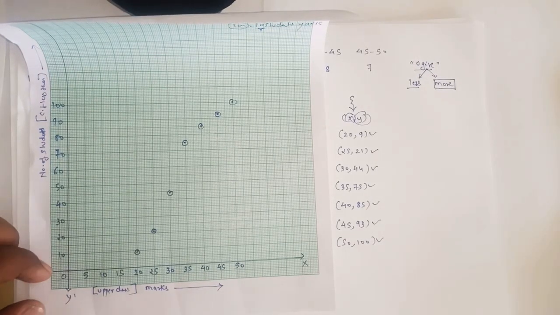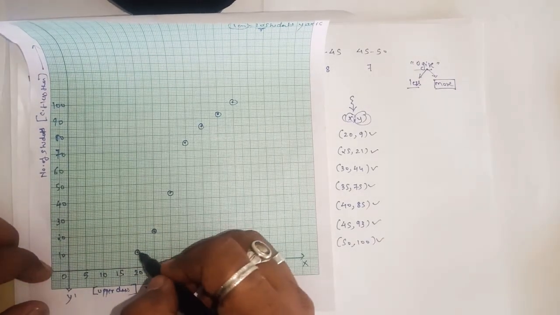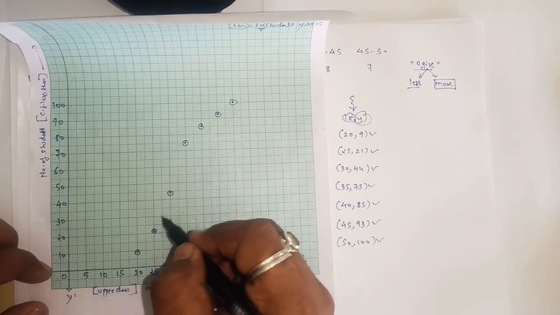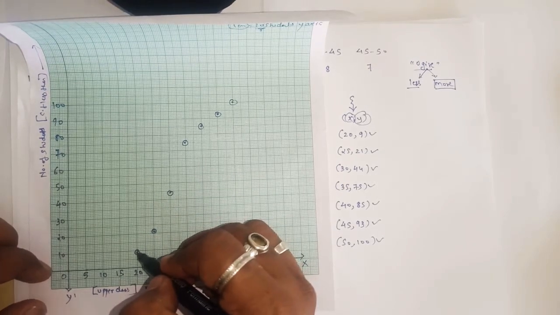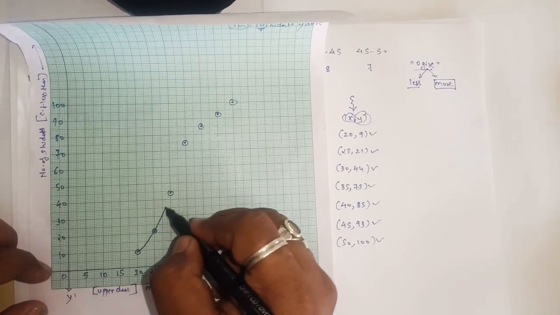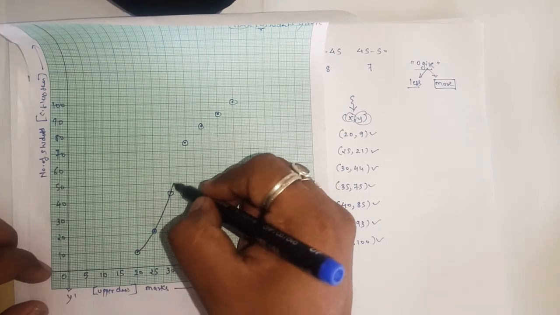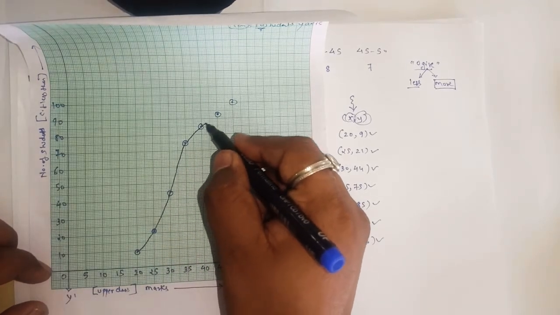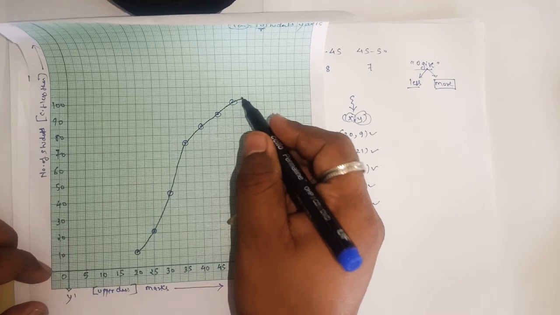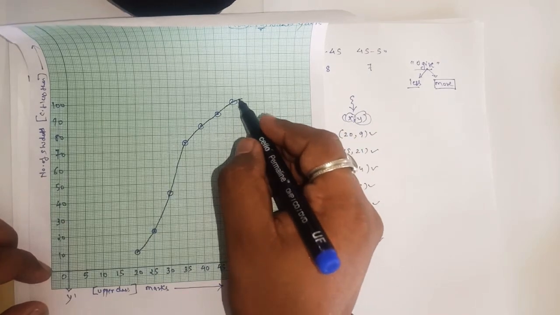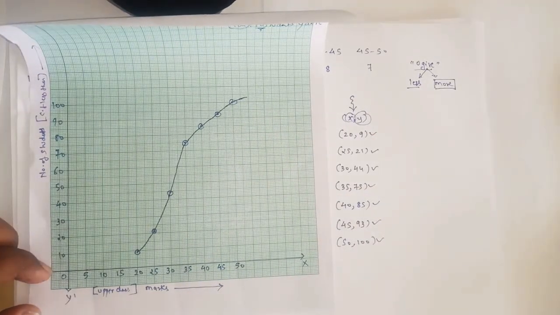After plotting, you have to draw the curve. Just simply move your hand like this, and keep joining the points. Now this part should come down.